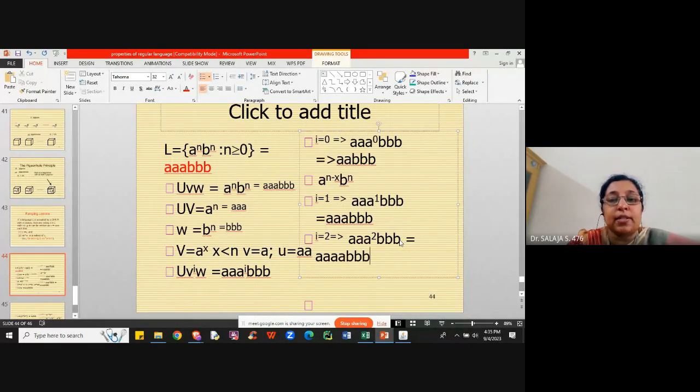Only when i is 1, the condition is satisfied, the number of a's equal to the number of b's. When i is 0 or 2 or any other number, the condition will not be satisfied. For any value of i, the condition a per n, b per n has to be satisfied. If it cannot be, then it is not a regular language. Fine. So that is how it all works.